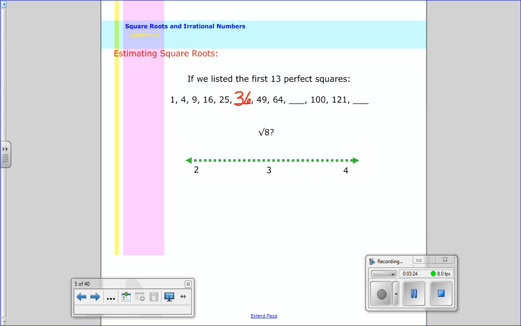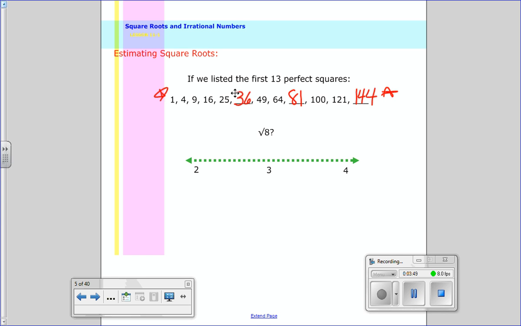Next would come 9 times 9, which is 81, then 10 squared is 100, 11 squared is 121, 12 squared is 144. There we go. Those are the perfect squares, and it might be a good idea to have those memorized, just because it'll make it easier as we go through these lessons.